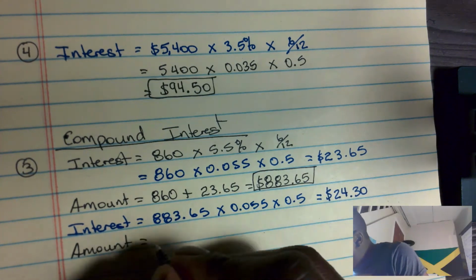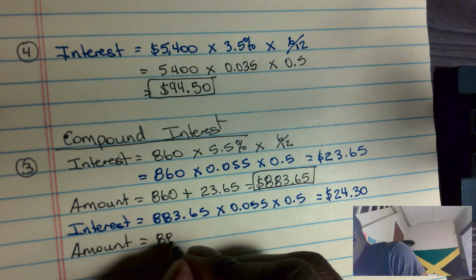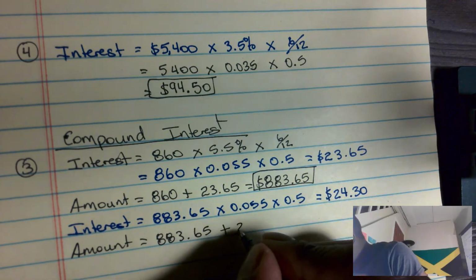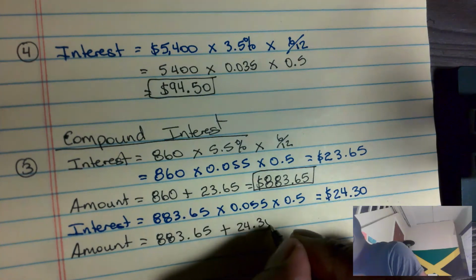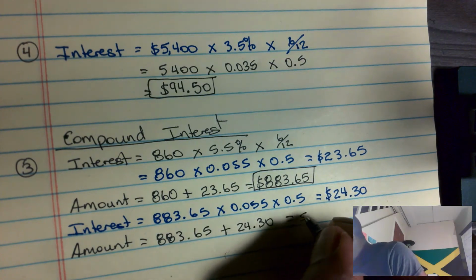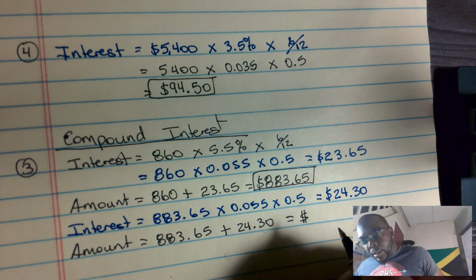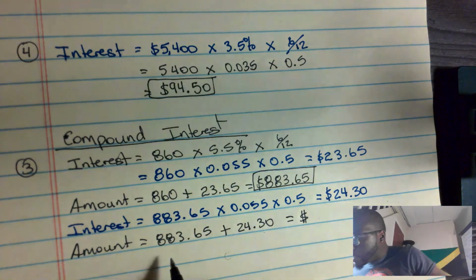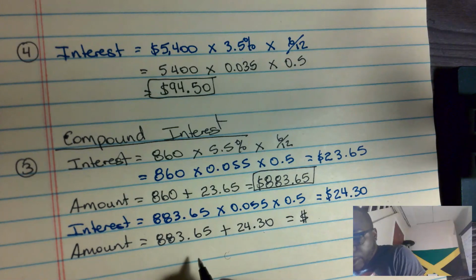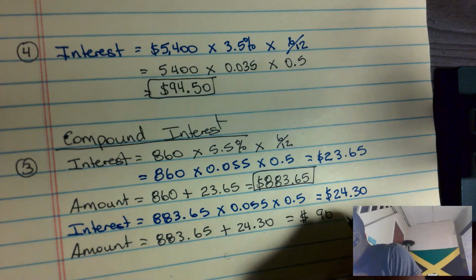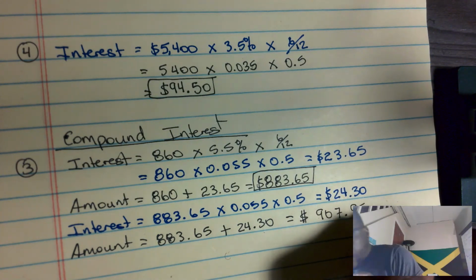To find my new amount: 883.65 plus 24.30. This is going to give me a total. If we add, this is going to give me 907.95.